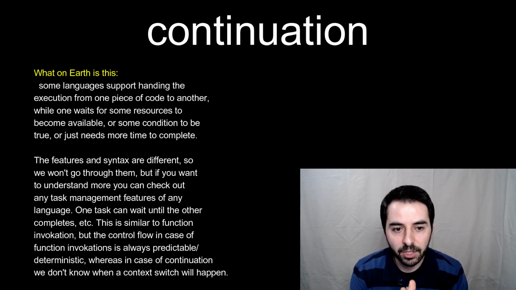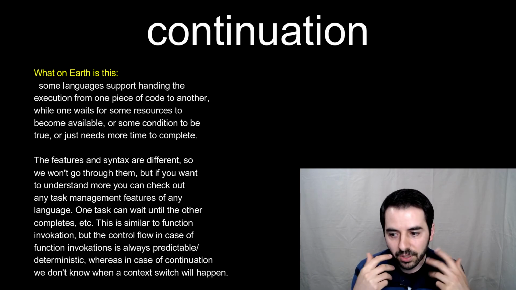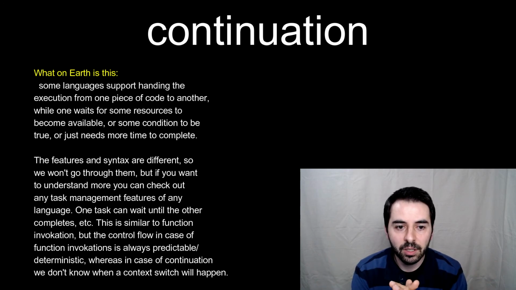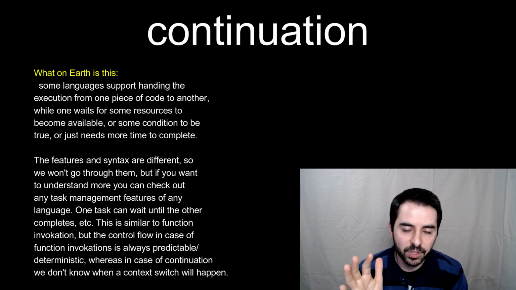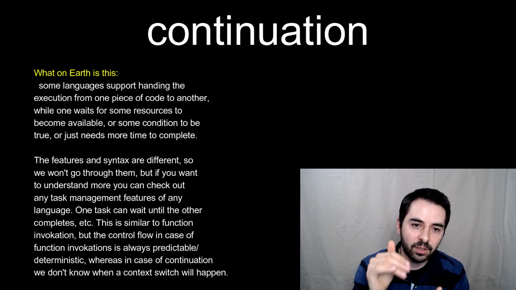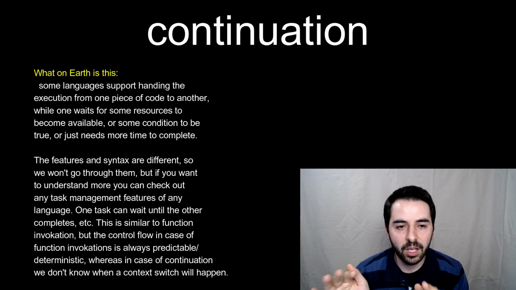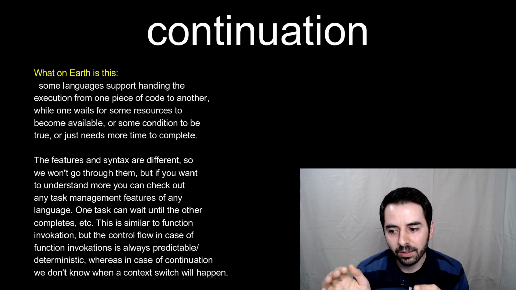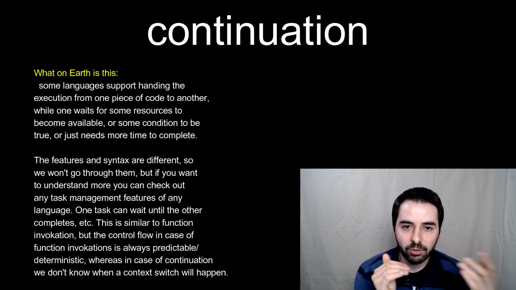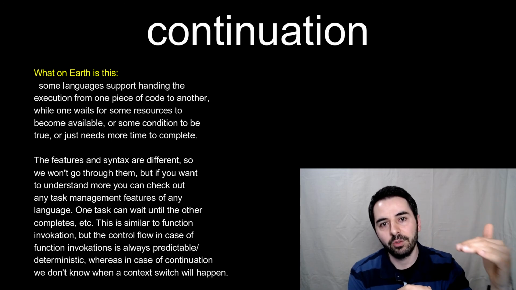We don't know about threads, but imagine some things can run in parallel, or they don't run in parallel, but a piece of code can start executing, and then because something is missing or something needs time to complete, this code can yield its control flow, and the control flow will be returned to some other part of your program.